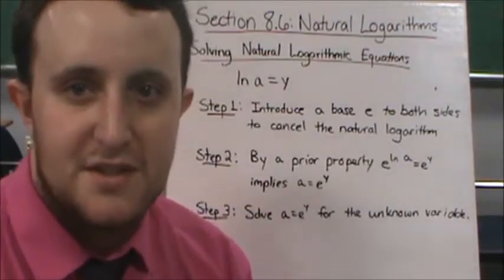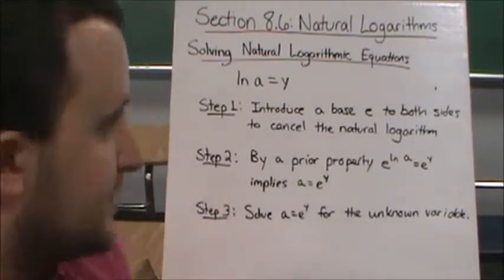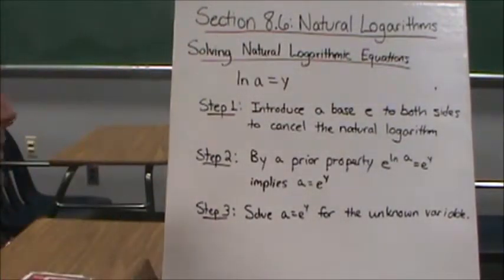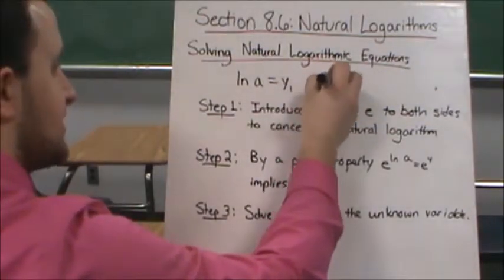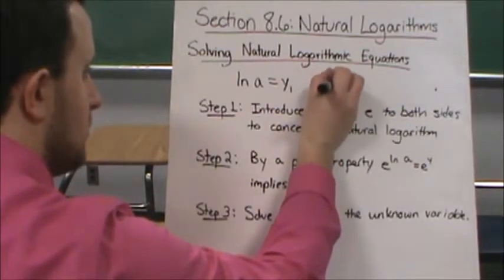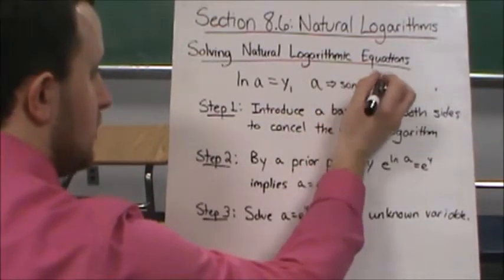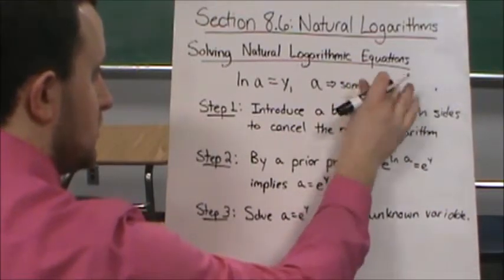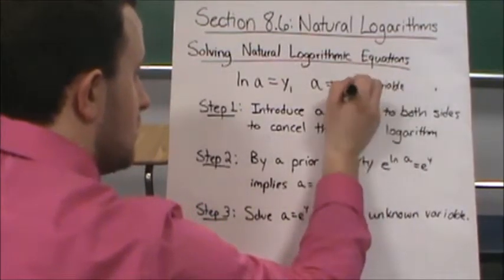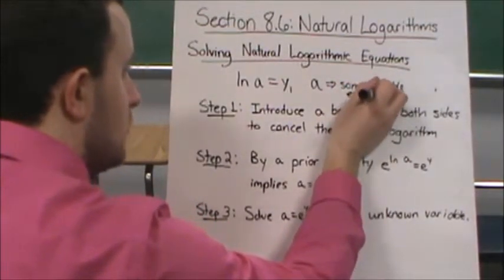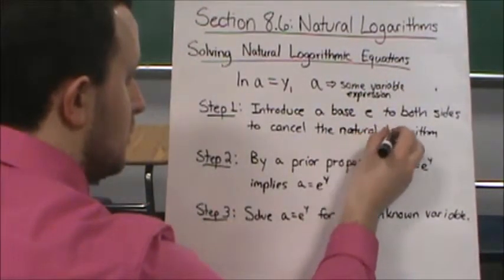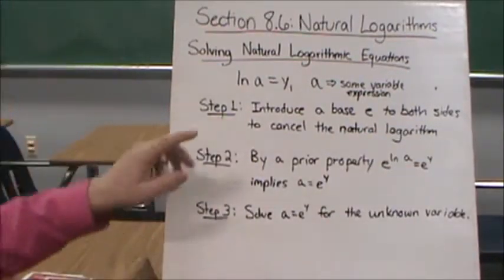So here's the process for solving these natural logarithmic equations. If we have our logarithmic equation, ln of a is equal to y, where a is some expression including the variable x, then here are the 3 steps.